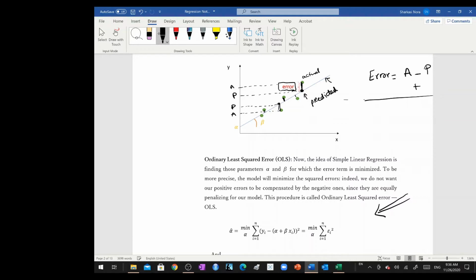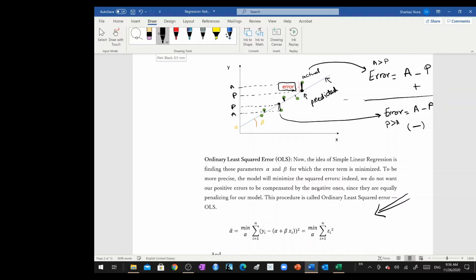So for this point below the line, the error will be A minus P, where P is greater than A. So the error when A is greater than P is positive, and the error when P is greater than A, the sign will be negative.